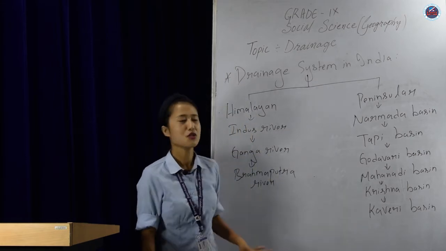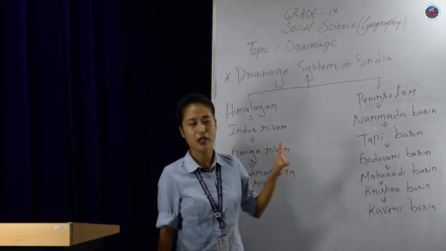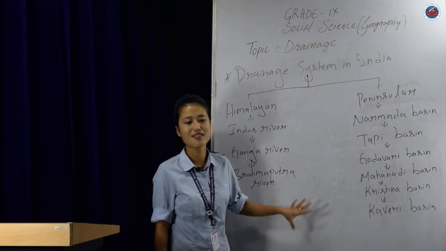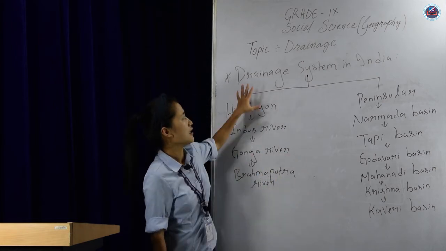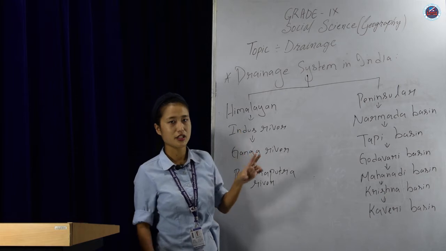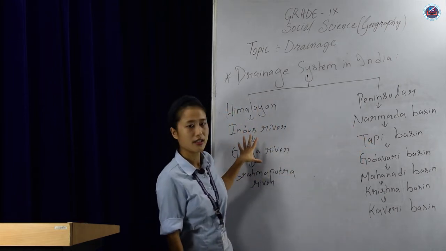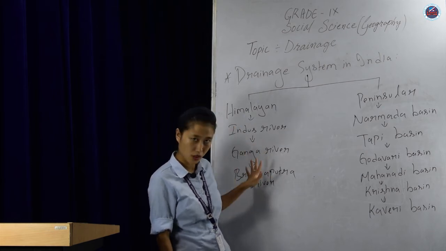This is the topic which we have learned today, that is drainage. Drainage describes the river system of an area. The drainage system in India is divided into two phases, Himalayan and Peninsular. Himalayan rivers are known as perennial, which means they will have water throughout the year.